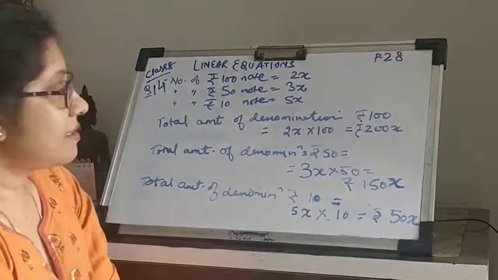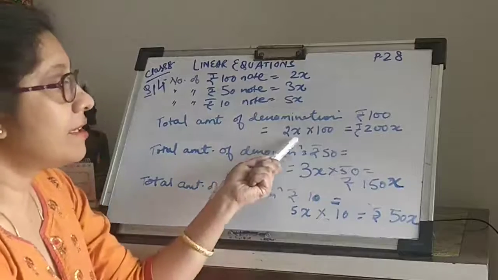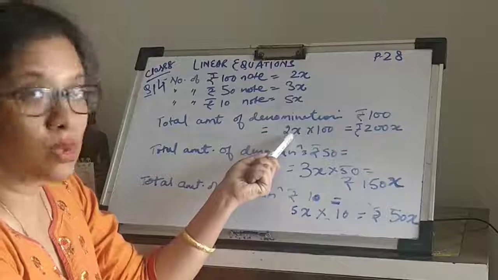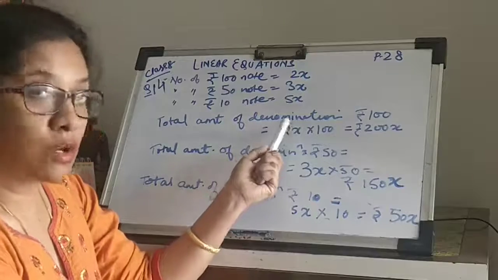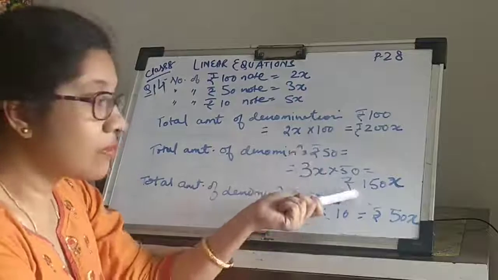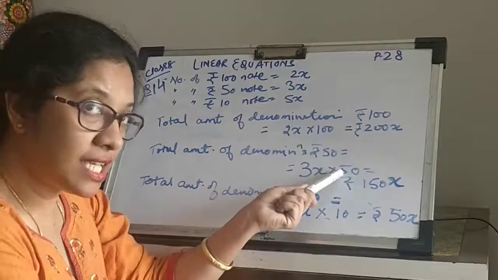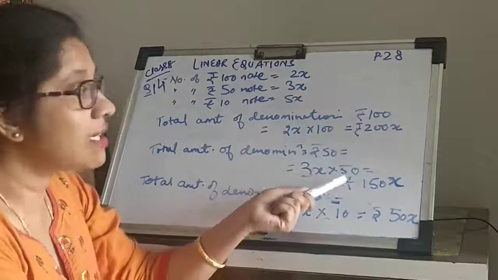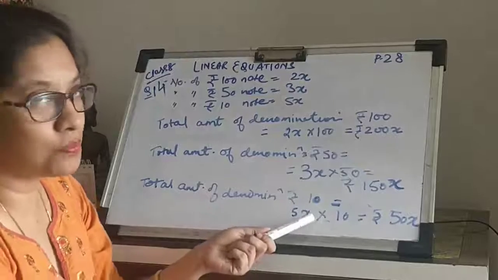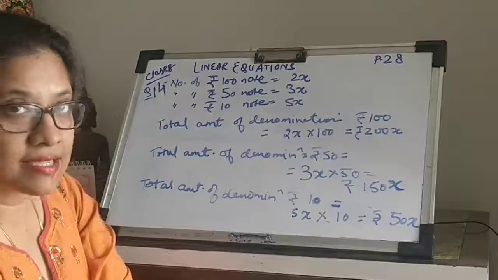So what is the total amount that we have? From 100 rupees, if you count all the 100 rupee notes which are 2x in number, the total amount you'll get is 200x rupees. When you count rupees 50 notes, which are 3x in number, you'll get 150x rupees. Similarly, if you count 10 rupee notes which are 5x in number, you'll get rupees 50x.